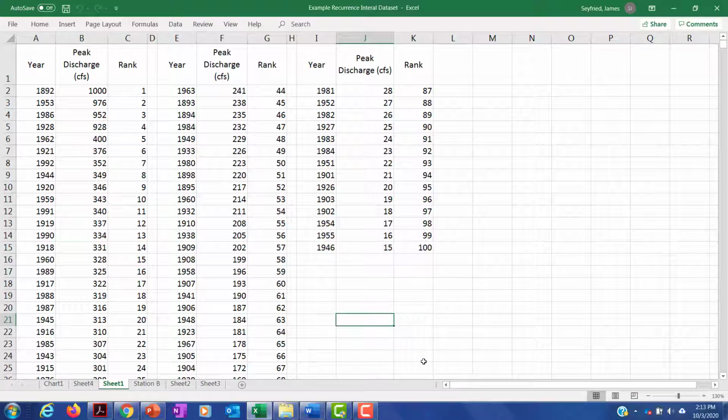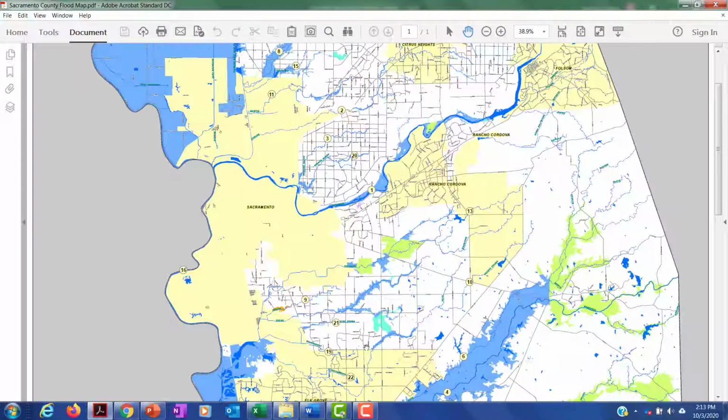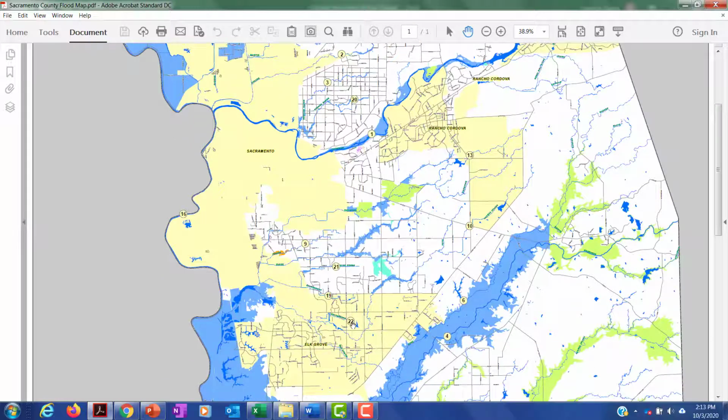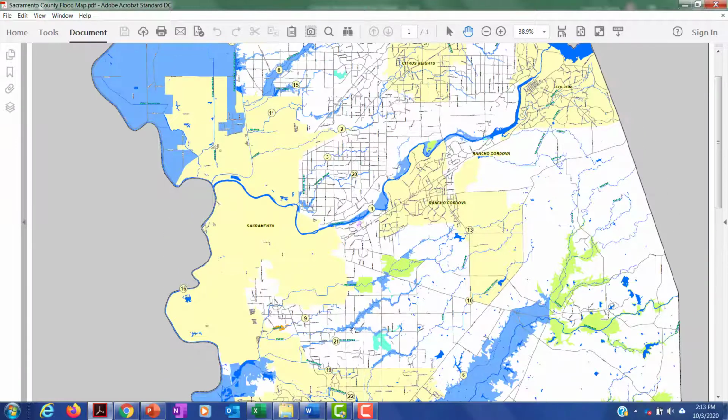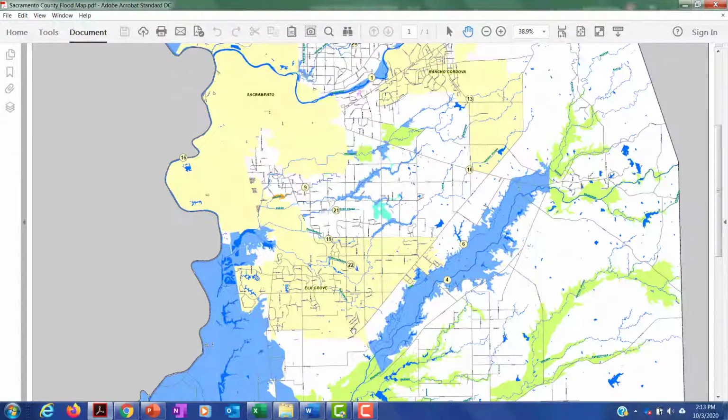But anyway, if you live in this area, you might find yourself on the floodplain. You might find yourself needing insurance if you wanted to live here. And flooding is just one of these parts of our water resources challenge that we have. And that's why I'm introducing these concepts.